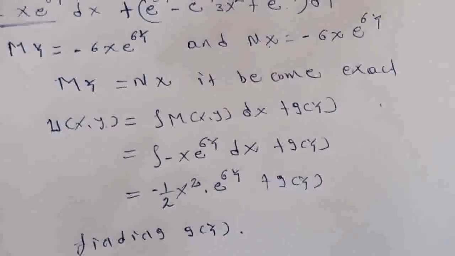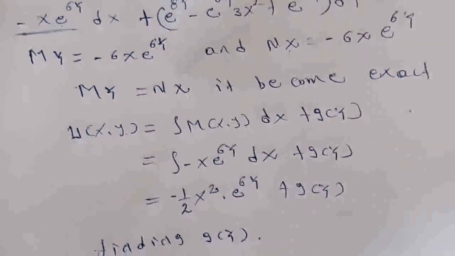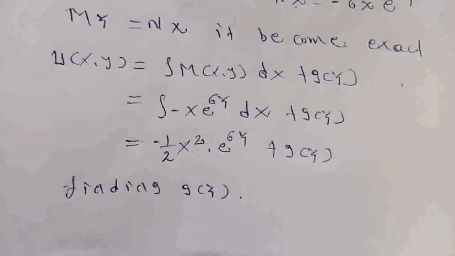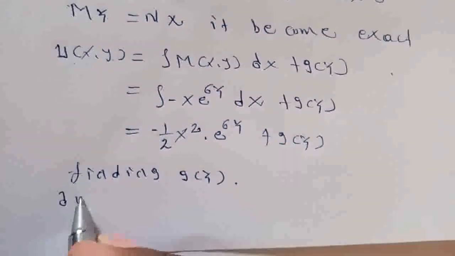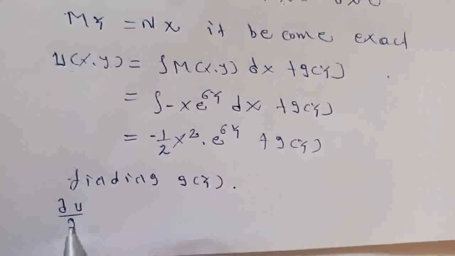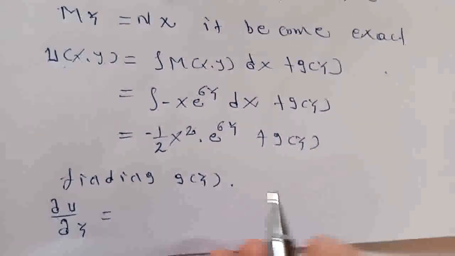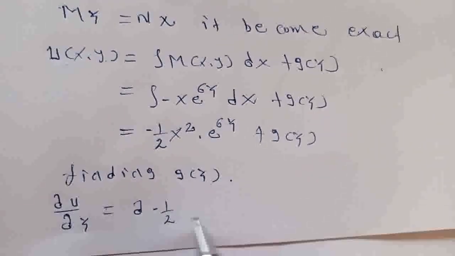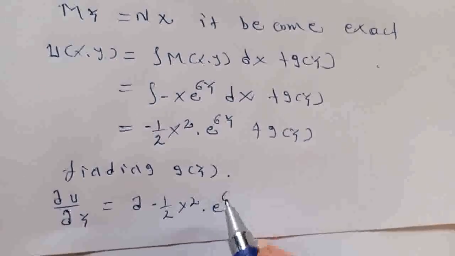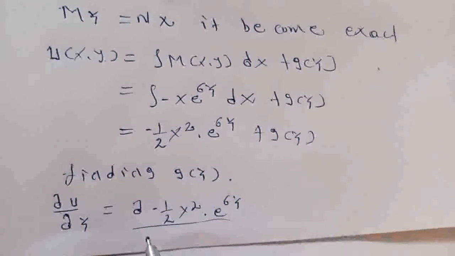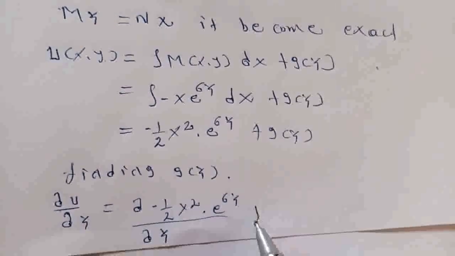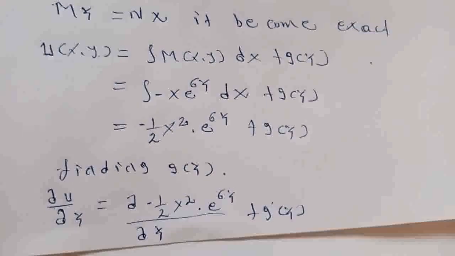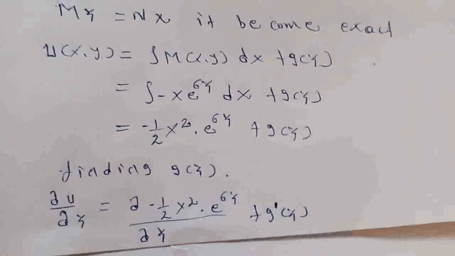Then the partial derivative of u with respect to y is equal to the partial derivative of negative 1/2 x squared times e to the power of 6y with respect to y plus g prime of y, because the partial derivative of g of y with respect to y is g prime of y.